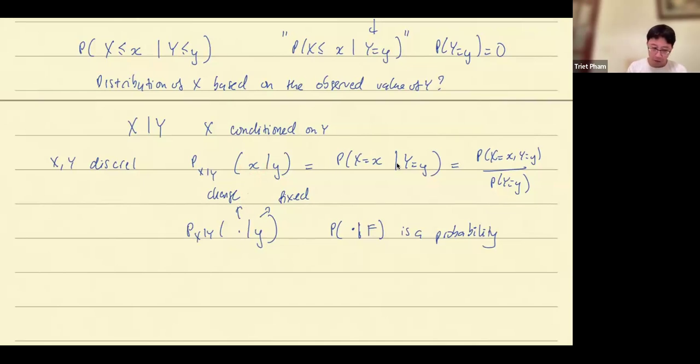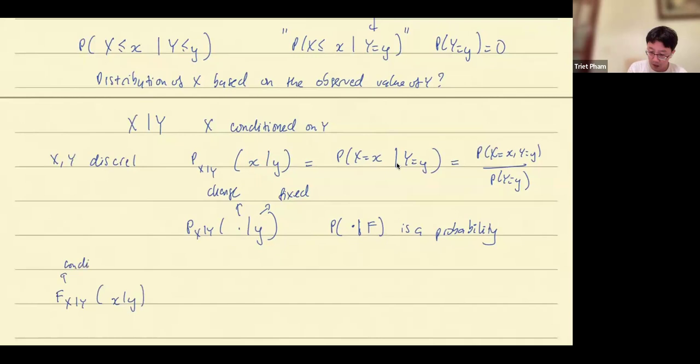So for example, the textbook writes down this thing. This is the conditional CDF, right, of x given y. Well, this is the conditional PDF. But PDF here means probability distribution function.